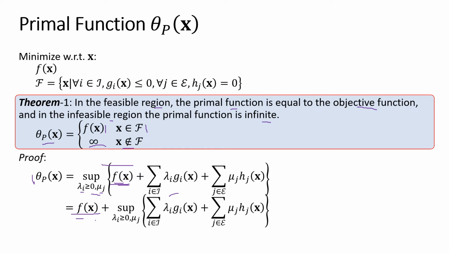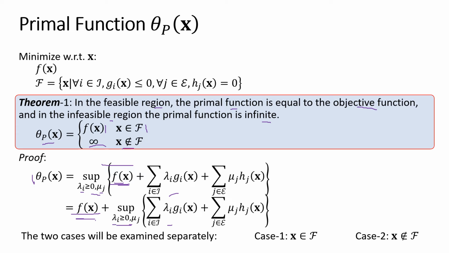I bring it outside. So it's f of x plus the supremum over the lambdas and mu's of summation lambda i gi of x plus summation mu j hj of x. Now we will examine two cases separately.